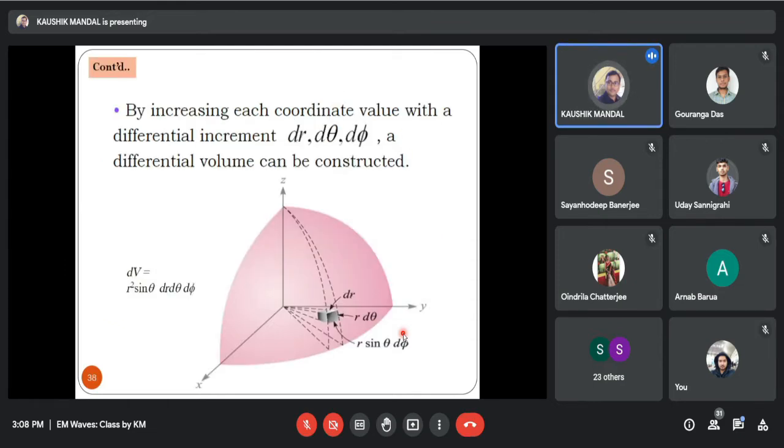Now, once again, we have to consider the incremental volume due to the increment in the differential parameters for r, theta, and phi, and we have to find the corresponding differential volume. So in that case, we have considered this incremental volume due to the differential increments dr, d theta, and d phi.